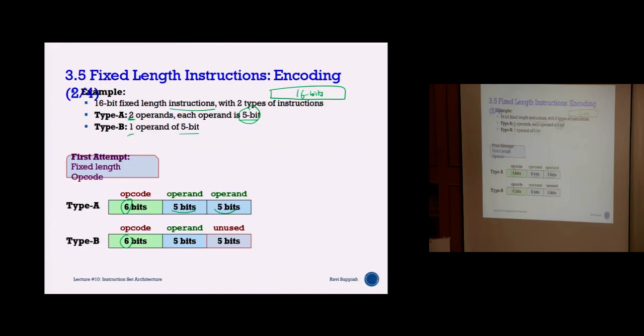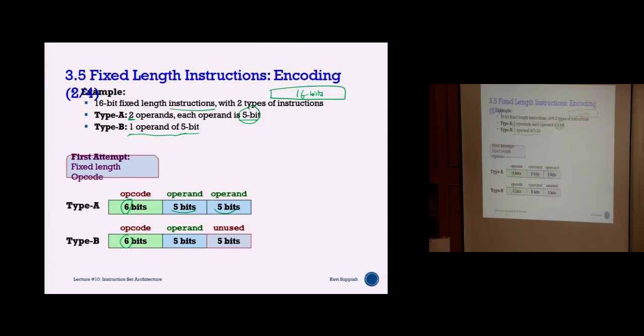But in type B, what do you see? I only have one operand. When I say type, it could mean that type A is all your register type instructions and type B is your I type instructions or something like that. So it's a different classification of instructions that you can have.